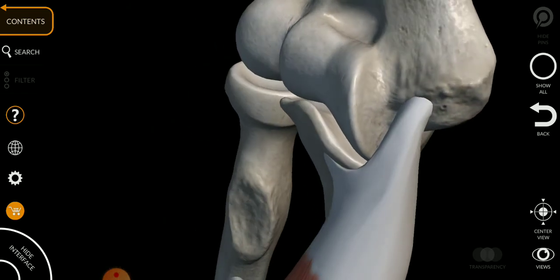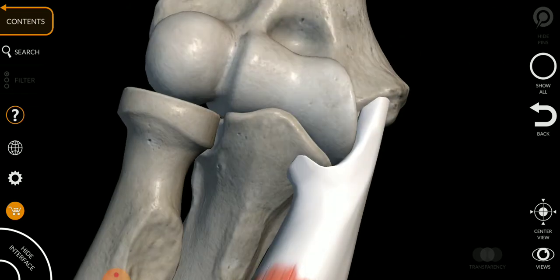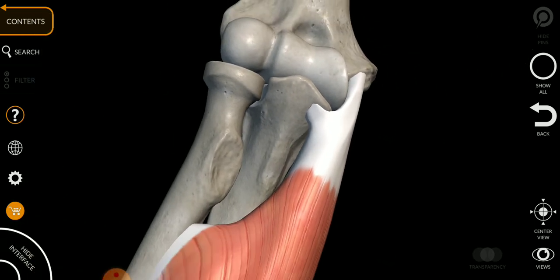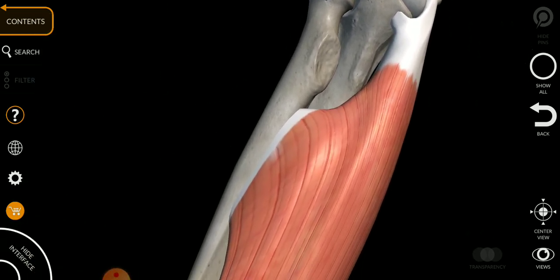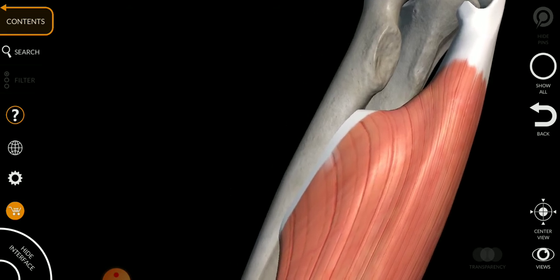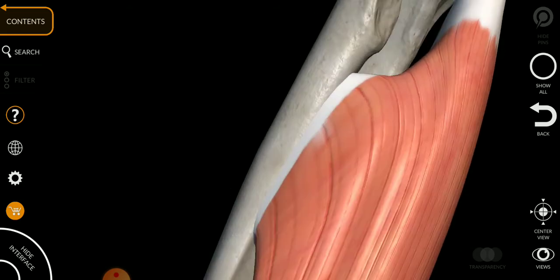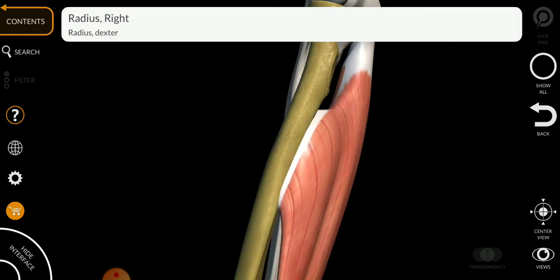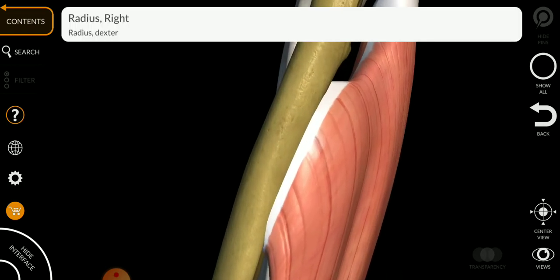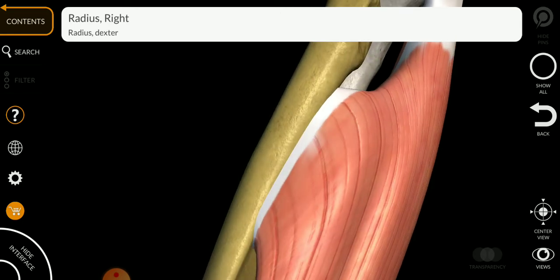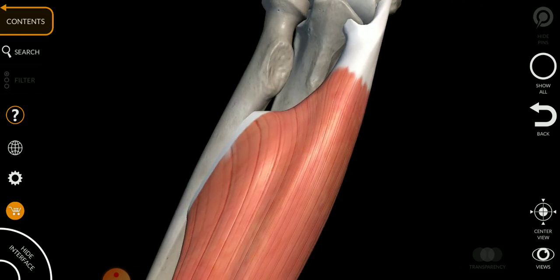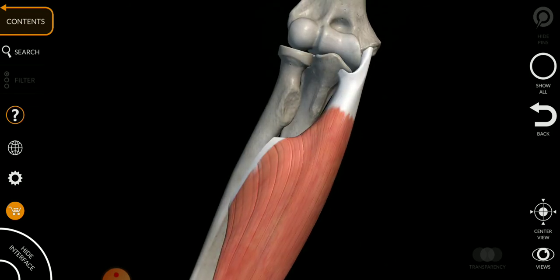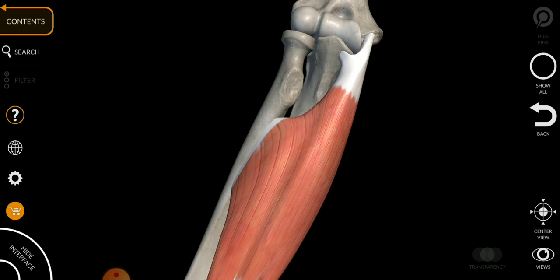We can see here the medial epicondyle, and here the origin from the coronoid process. The third origin is from the anterior border of the radius. This is the radius, and this is its anterior border. So it has three origins: the epicondyle, the coronoid process, and the anterior border.